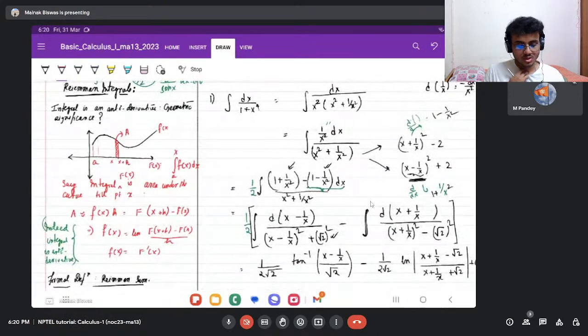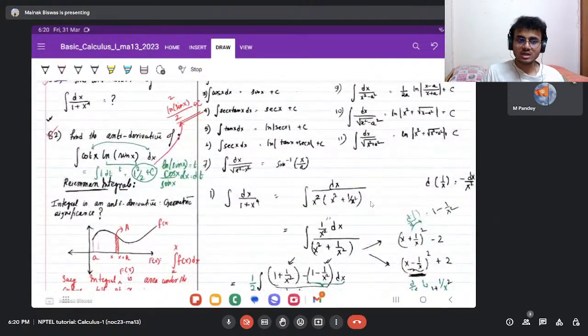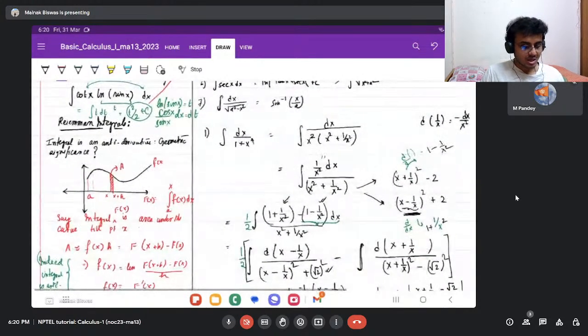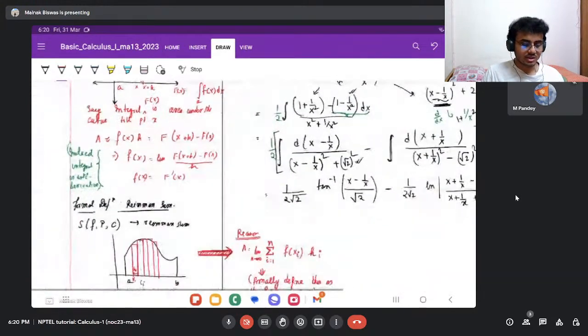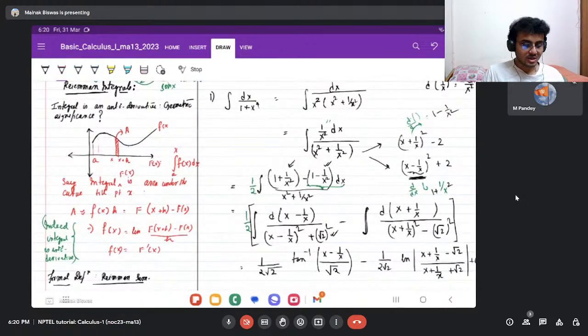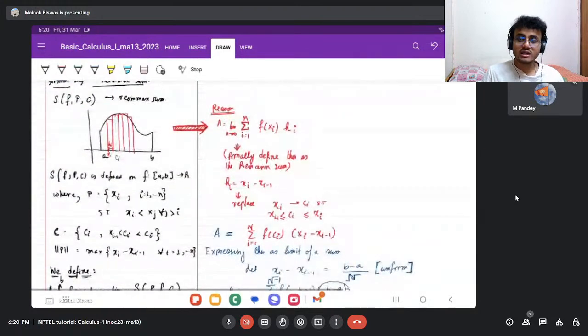So the main discussion of today will be centering around what an integral actually means. We'll do Riemann integrals today and limits of a sum first, and we'll see what this signifies. So let's see what the Riemann integral's intuition is.